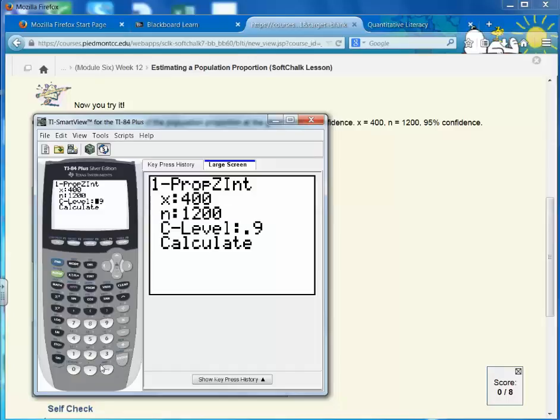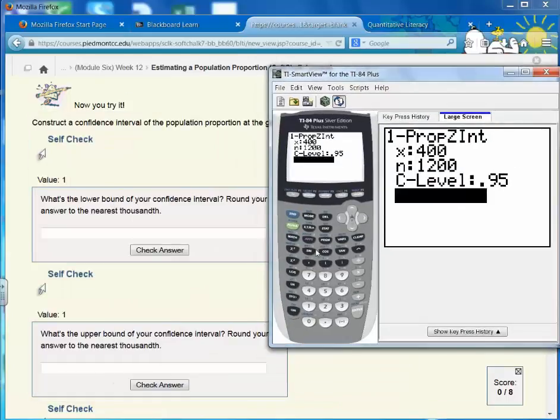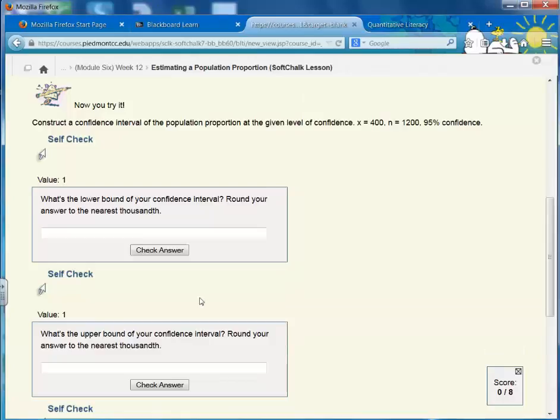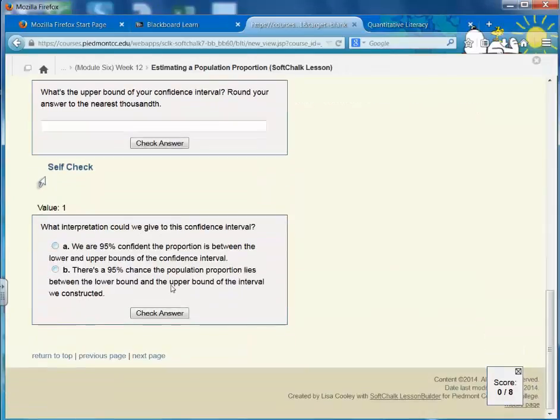And then the confidence level is 0.95. So you're just going to go down, hit the calculate button, or hit enter, and it'll do it for you. And then the lower bound of the interval would be the left-hand endpoint, and the upper bound of the interval would be the right-hand endpoint that you get. And then I think they're going to ask you for an interpretation.